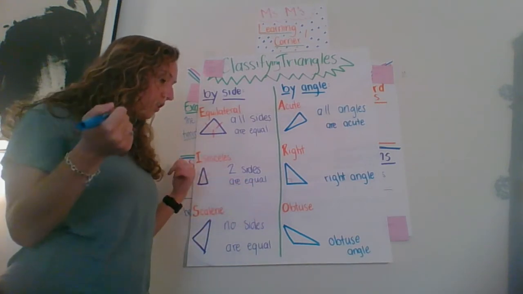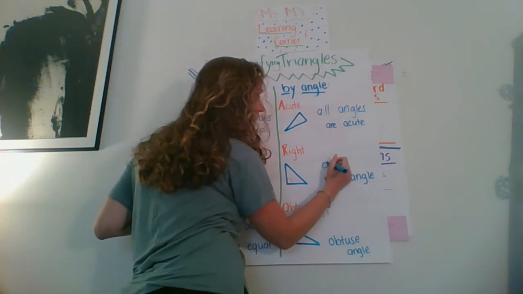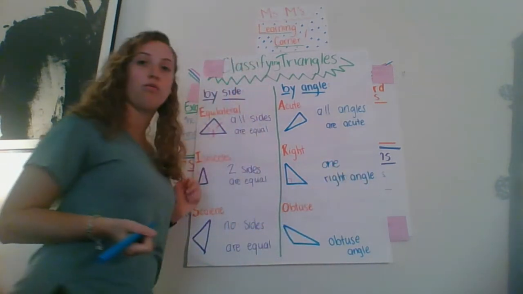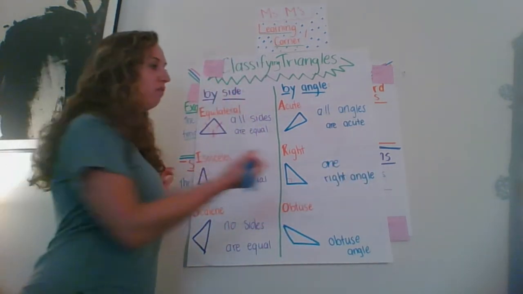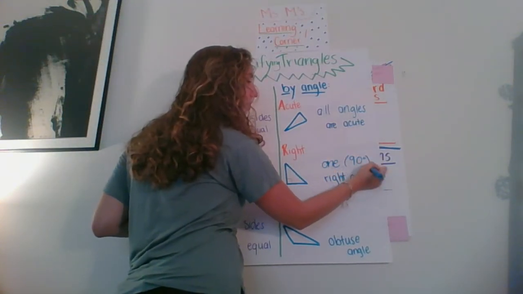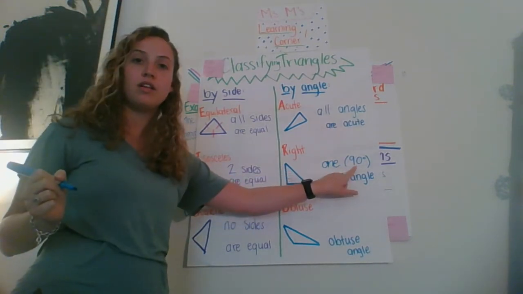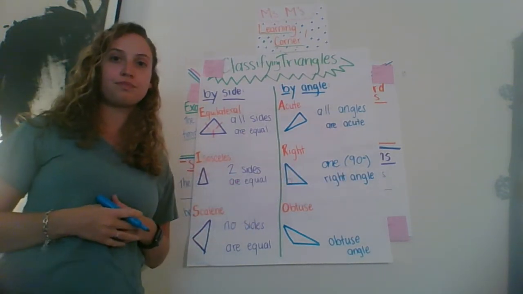So that's what we're going to say. Right triangle has one right angle. And maybe we'll even put 90 degrees in parentheses to help us remember that 90 degrees is equal to a right angle.